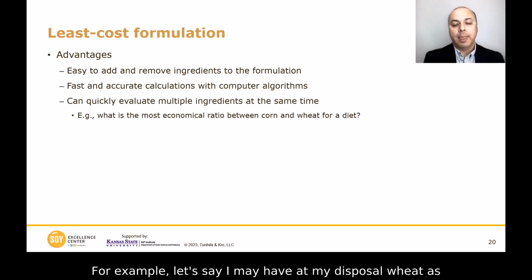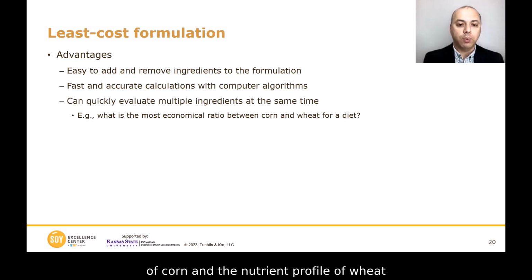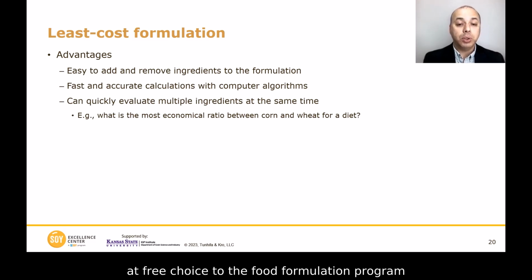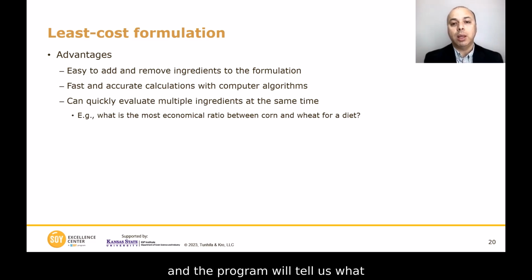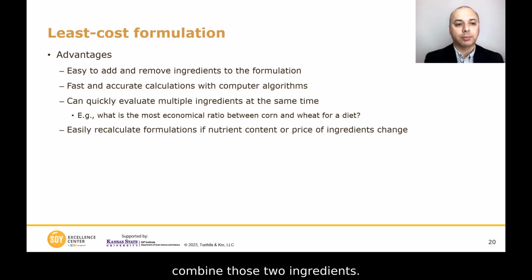For example, let's say I have at my disposal wheat as well as corn, and I want to know, with the nutrient profile of corn and the nutrient profile of wheat at a specific cost for corn and wheat, I can put both of them at free choice to the feed formulation program, and the program will tell us the most economical proportion in which we can combine those two ingredients.